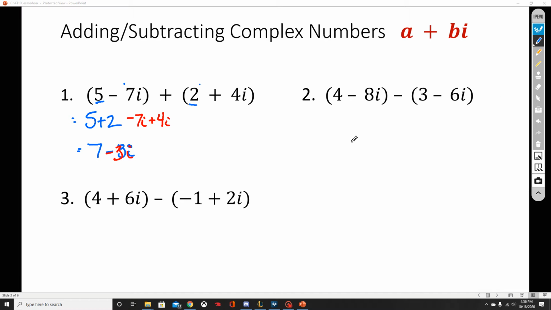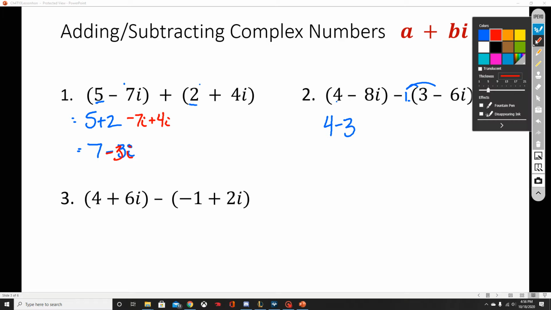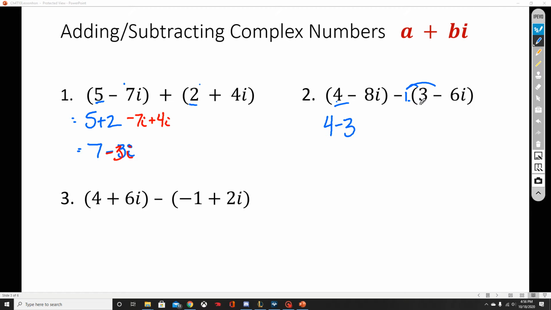What about subtracting? Well, subtracting just means that there's a negative 1 that's getting distributed to both of these terms. So these terms are going to change their signs. So this is going to be the real part, 4 minus 3. So that's this and this.